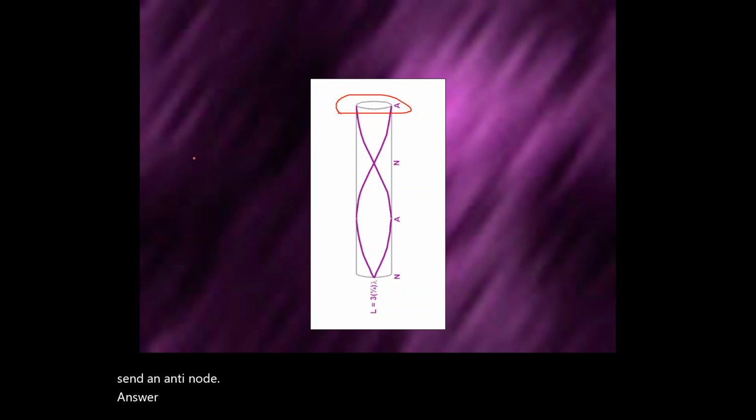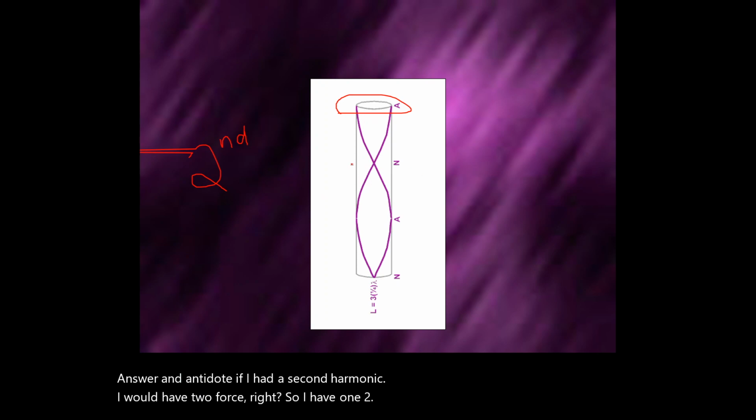If I had a 2nd harmonic, I would have 2/4, right? So I'd have 1, 2. So I would end my pipe here for the 2nd harmonic. Well, what do you notice? I'll do this for the opening piece.